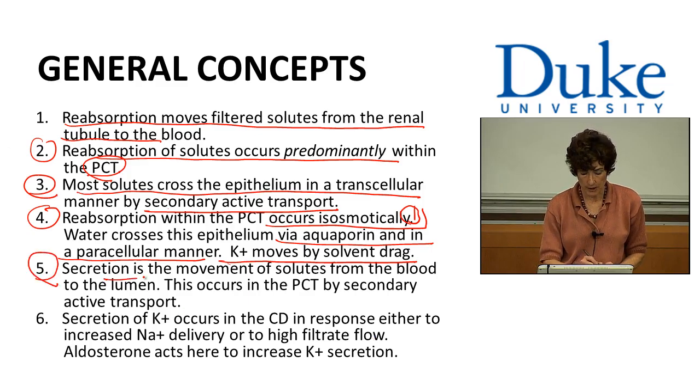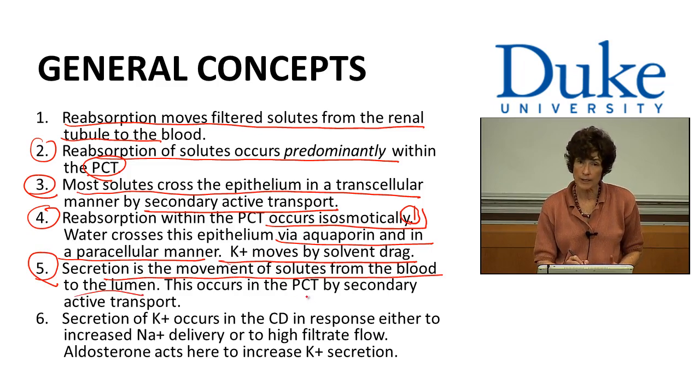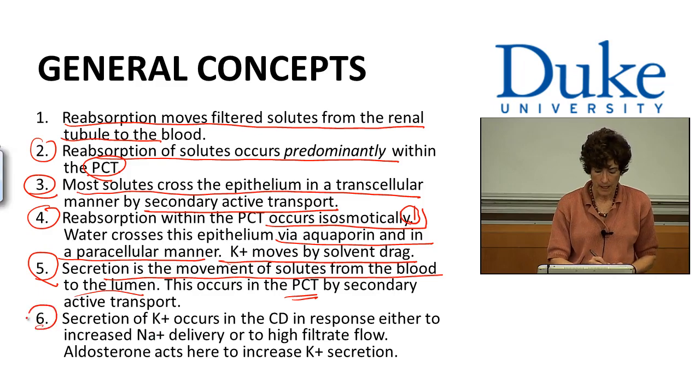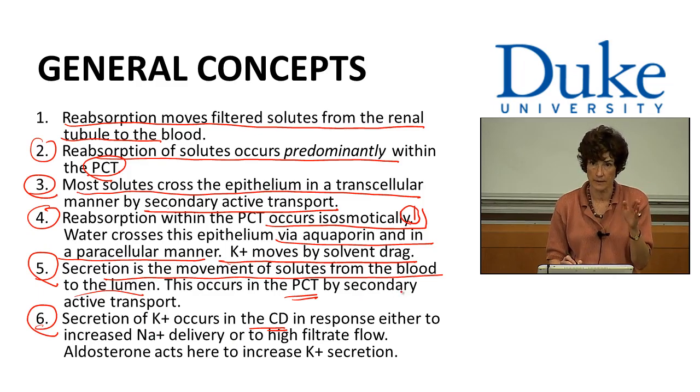Five, secretion is the movement of solutes from the blood to the lumen, and this again occurs in the proximal convoluted tubule, and again predominantly by secondary active transport. These are our organic molecules, our drugs, the vitamins, and so forth. And then six, the secretion of potassium occurs in the collecting duct and also in the distal regions of the distal convoluted tubule.